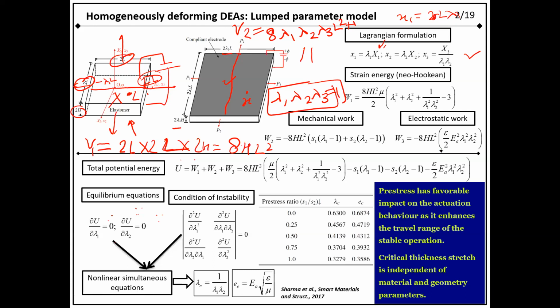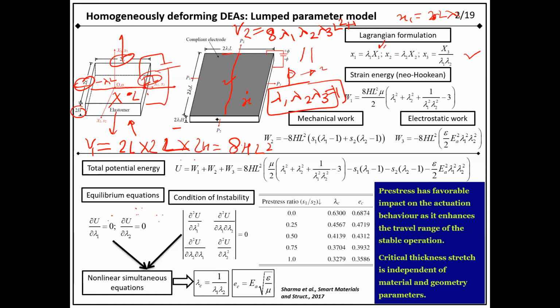Similarly, now the question arises: if we apply a voltage, what will be the deformed state? What will be the actuation level? What is the relationship between the input and the output? Here the input is the voltage, and the deformation, that is lambda 1 and lambda 2, is the outcome.